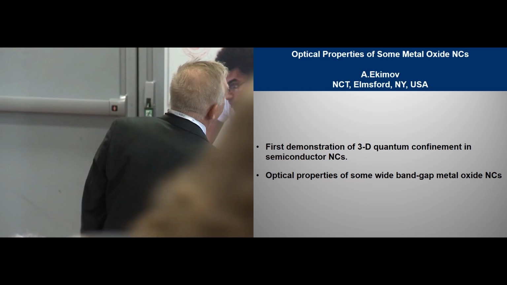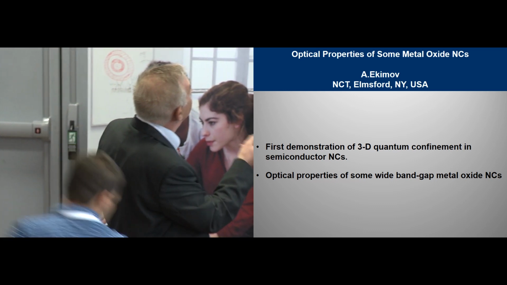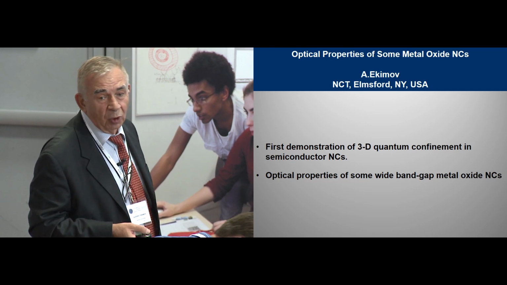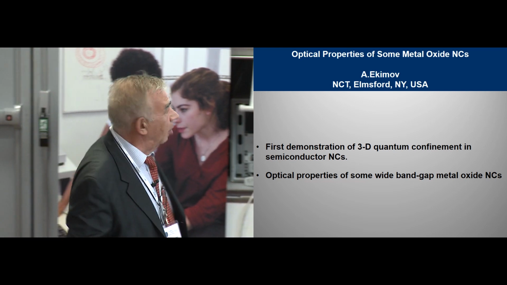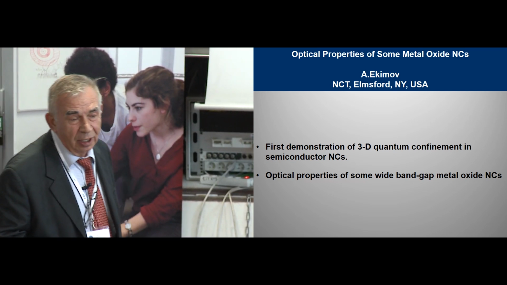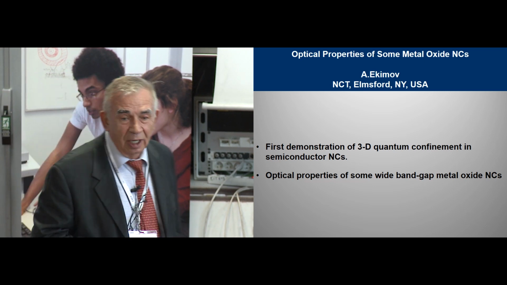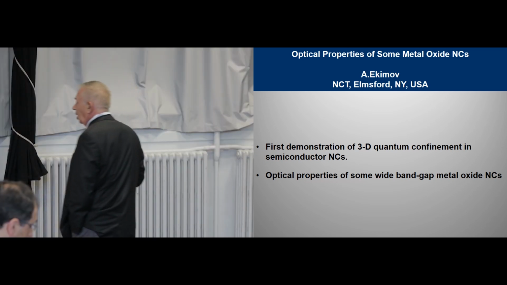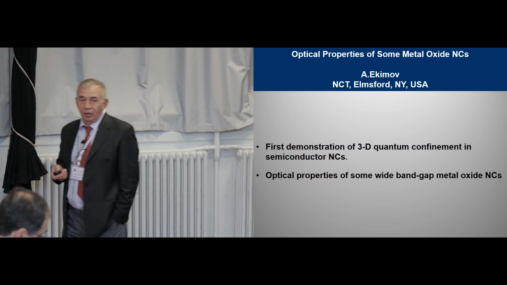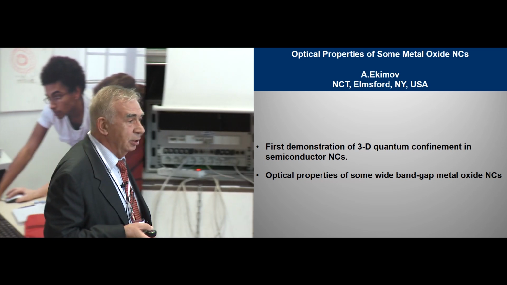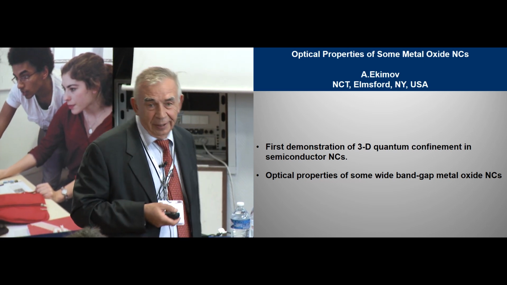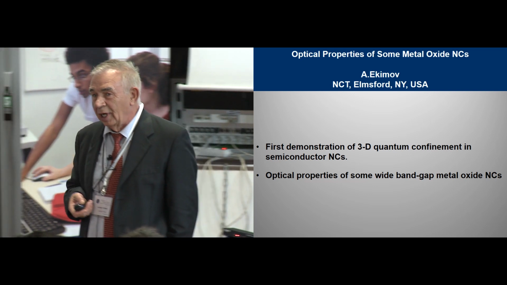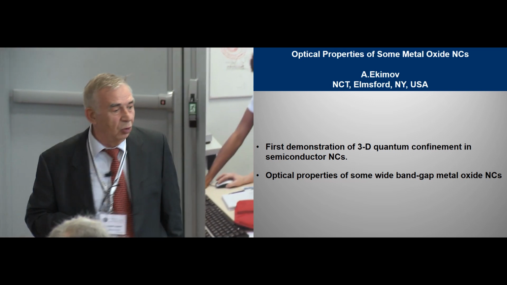Okay, and after that, what I was originally going to speak about is the optical and magnetic properties of some metal oxides, and actually it will be titanium oxide and gadolinium oxide. Titanium oxide is a wide gap material with interband transitions in the deep UV, and gadolinium oxide, even worse, is vacuum UV.